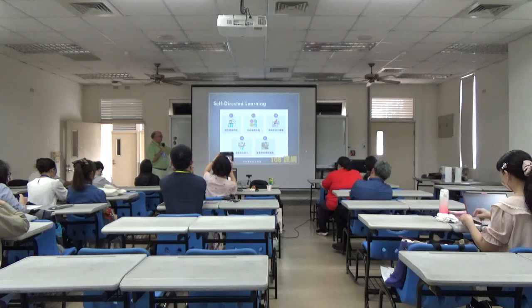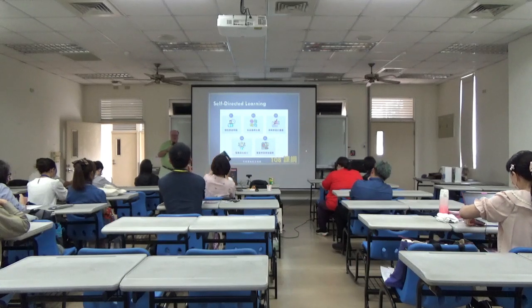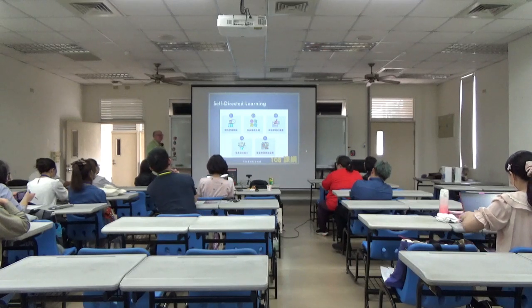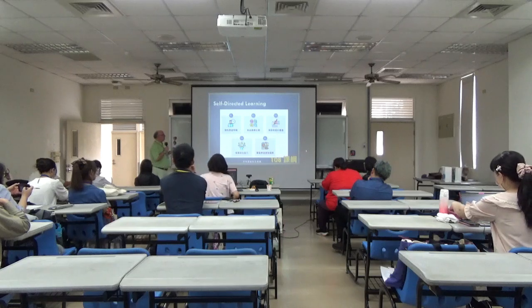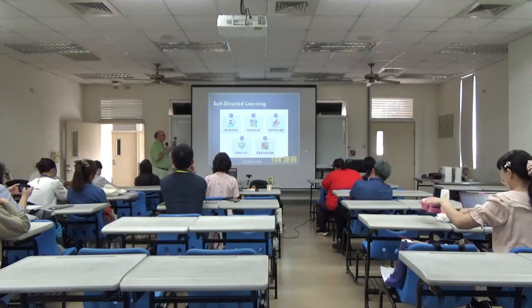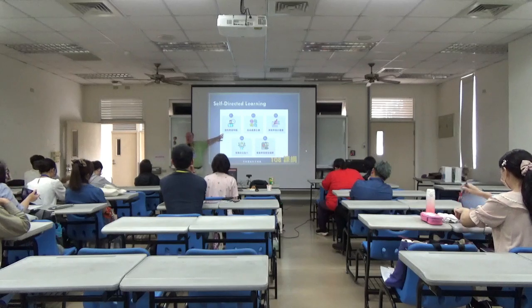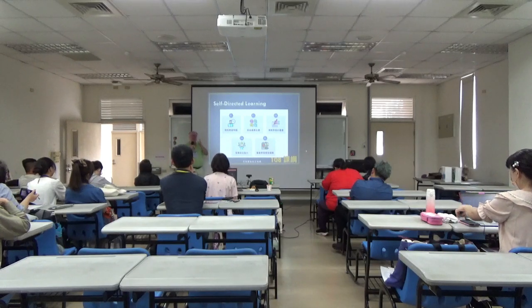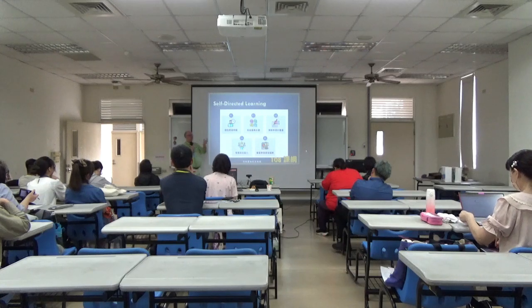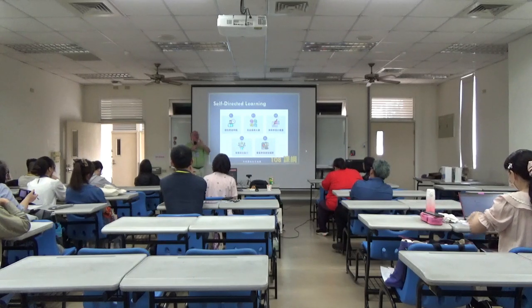Here are the 5 elements, and I will mention them a little bit one by one. This is based on the 108 curriculum guidelines. Everything is changed a little bit now. So this is self-directed learning. Right, so students have flexibility in terms of time. This is hard to do. Right? We have classroom, we have period 1, period 2, period 3, period 4. But we used to talk about split learning, right? In fact, we always do that anyways.